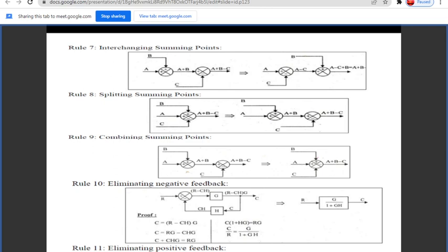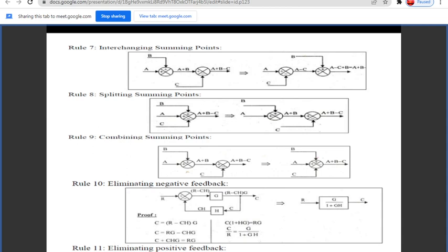You can see rule number seven, that is interchanging the summing point. We have to interchange the summing points. While doing this, we have to check whether the signs are the same, that is for A, B, and C, whether they are positive or negative. That should be replaced with the same notation. Just like that, we can switch the summing points.